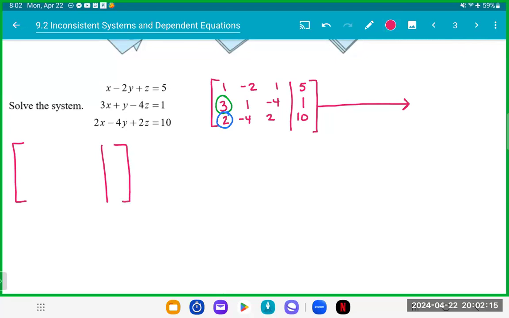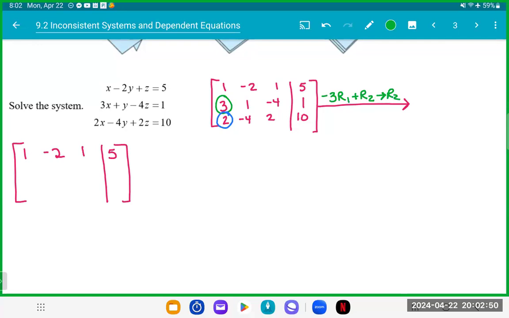All right. So first row stays 1, -2, 1, 5. With the first equation, let's do -3 times row 1 added to row 2, replace row 2.